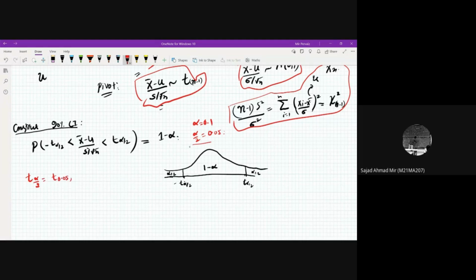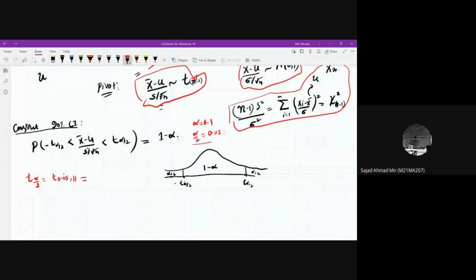But there is also something associated with this, that is the degrees of freedom. So what is the degrees of freedom for this case? As I stated here, it's n minus 1. So n is 12, n minus 1 is 11. So if you have used the t table before, you should be able to tell me the value of t 0.05 with 11 degrees of freedom.